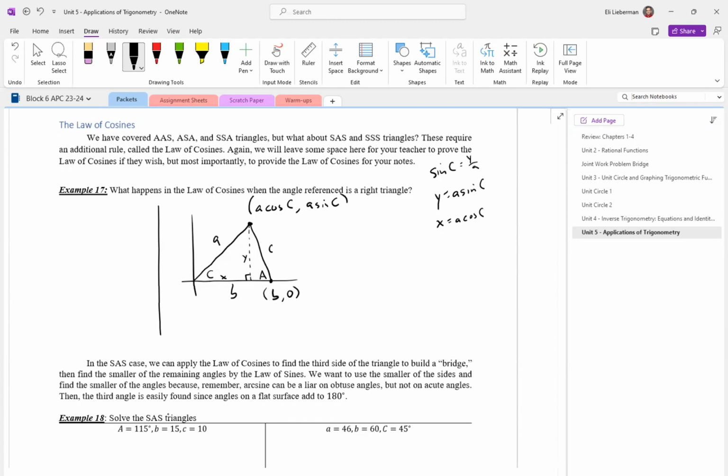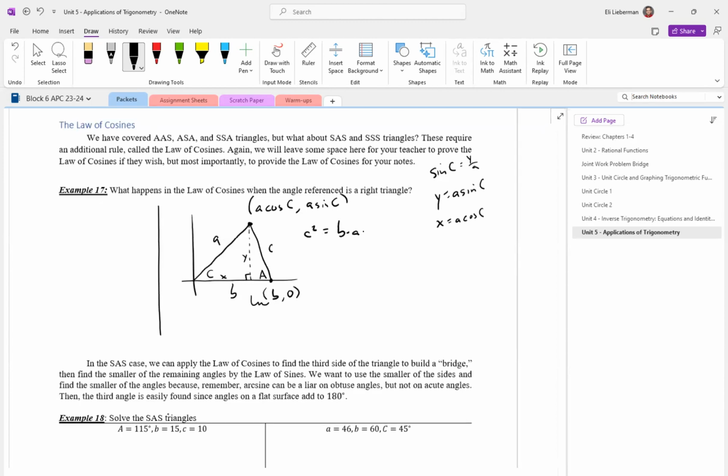Let's make an expression that comes from the Pythagorean theorem for that triangle on the right. We'll start with c squared equals, and I want it to be all in terms of A, B, and C. Let's start with the bottom. What is this length right here?